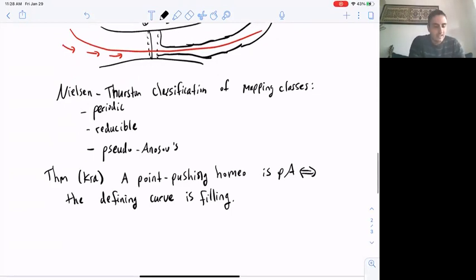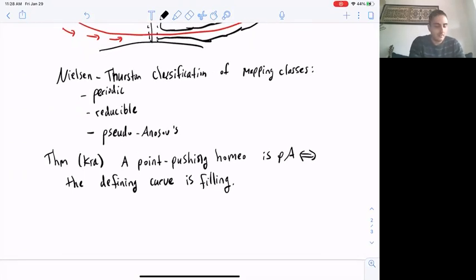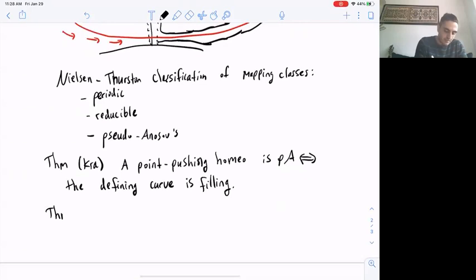Okay. And sort of the jump off point for our investigation, Jonah and I's, is this theorem due to Spencer-Dowdall. So once we know something like this, that the pseudo-Anosovs that are point pushing are characterized in terms of a topological property of the curve that you use to define the map, you can then ask all sorts of interesting questions.